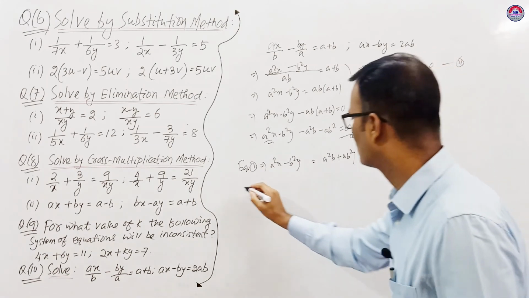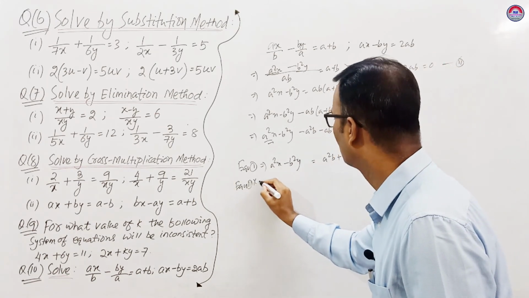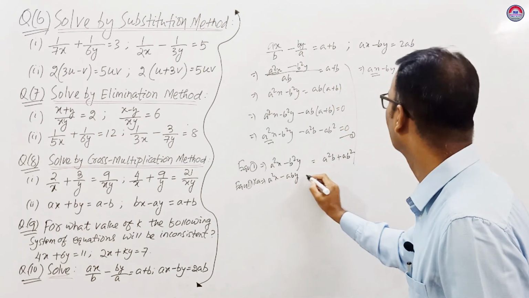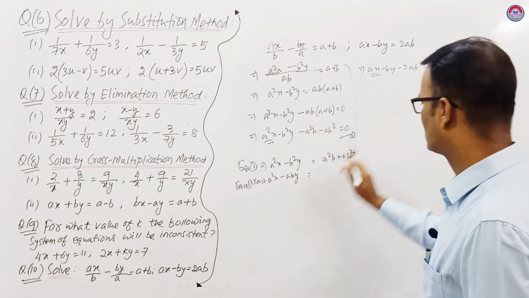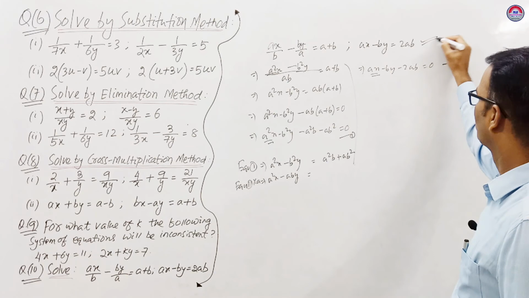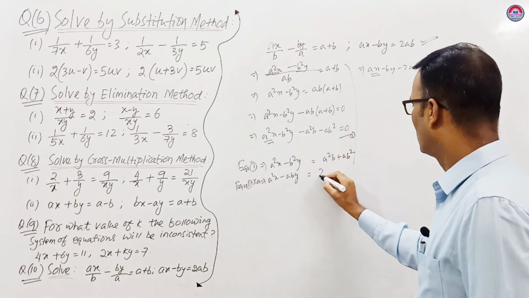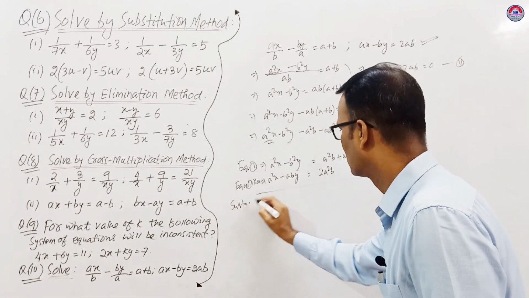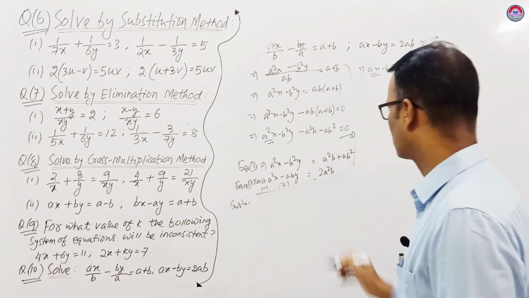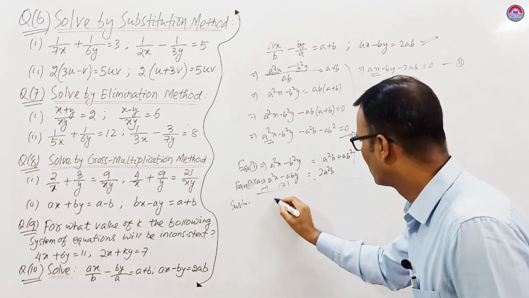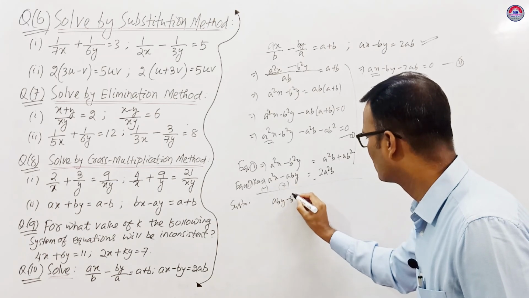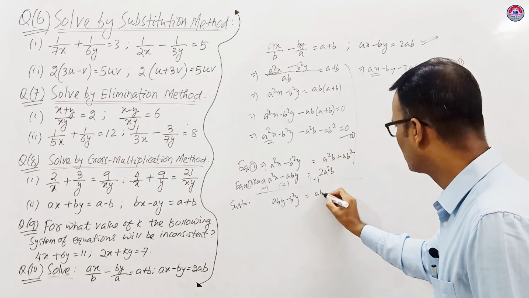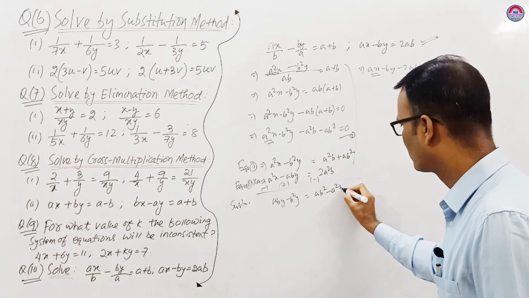Equation 2 into a gives a square x minus aby equal to 2a square b. Now subtract. You see, ab y minus b square y is equal to ab square minus a square b.